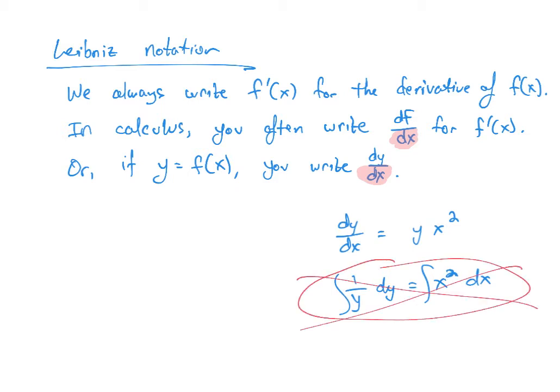But what you should be doing, if you have to solve a separable equation, is this. This is just my editorializing. There you go, that's how you solve a separable equation.